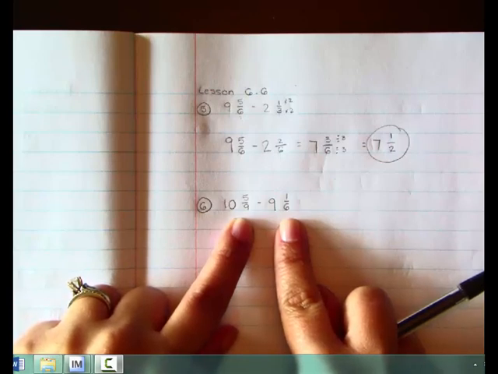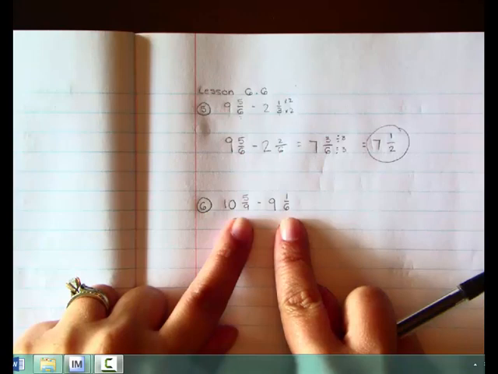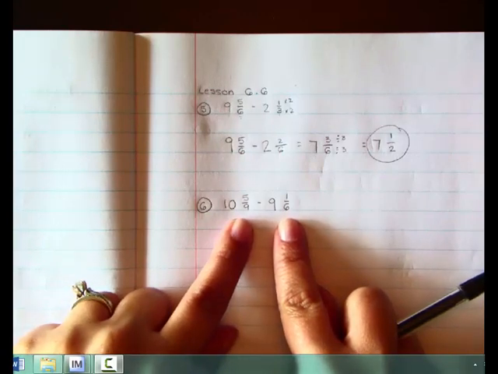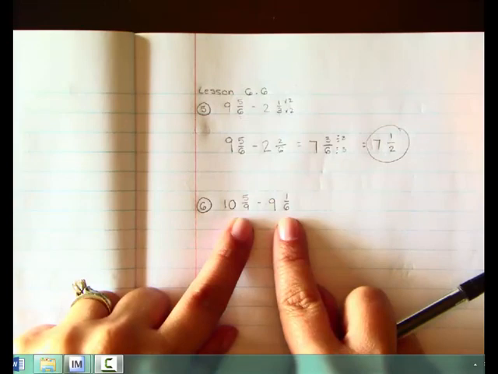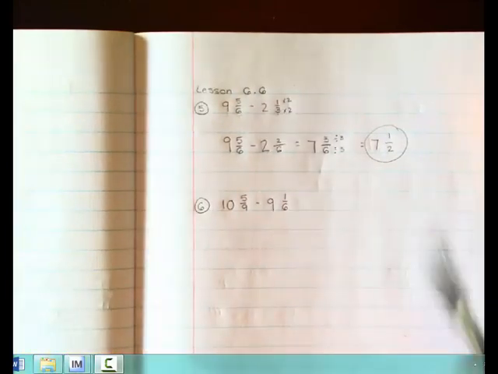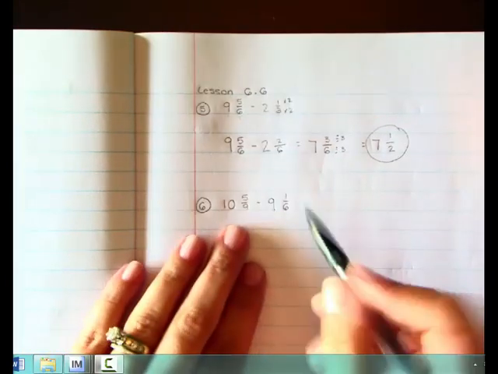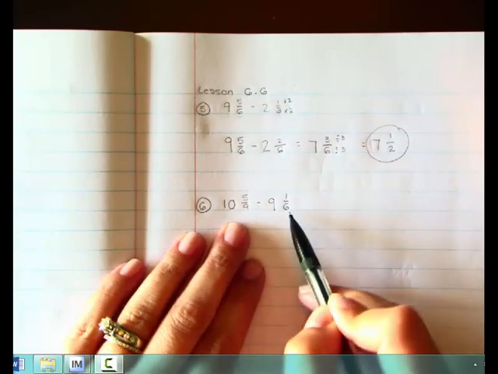When you're finding your common denominator, you need to find a common multiple of both, but it cannot be smaller than both. So we're kind of going up from this point.